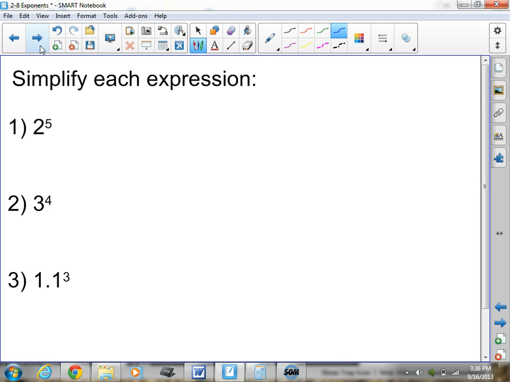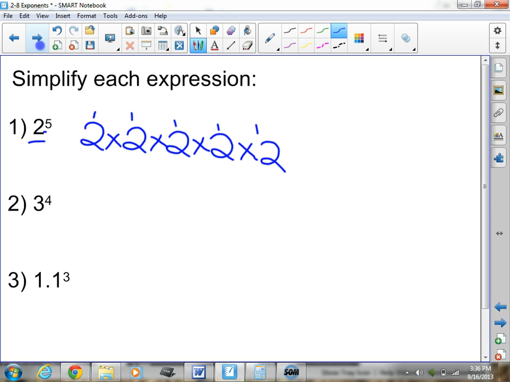So now we're going to work on simplifying each expression. We know that the base number is 2, the exponent is 5, into the 5th power. I'm going to take the number 2 and multiply it by itself 5 times. Let me make sure I wrote the correct number of 2's. 1, 2, 3, 4, 5.